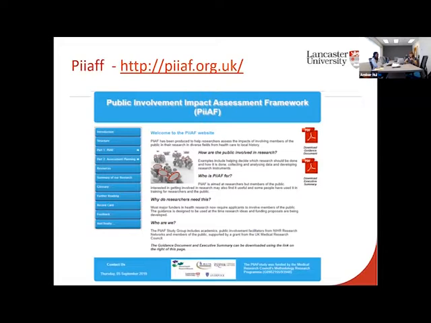And actually, I think one of the things that's really interesting about it is that as well as helping you think through the impact, what we found was it was an incredibly useful team building exercise, because it requires all the members of the team to come together and really think about why do we think PPI is important.